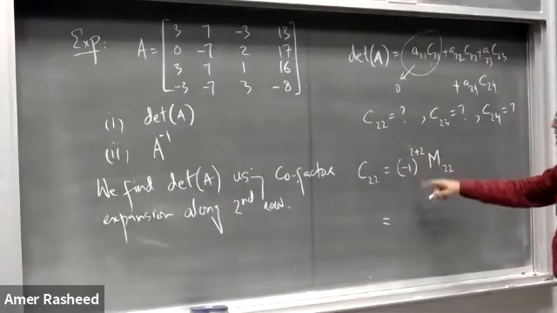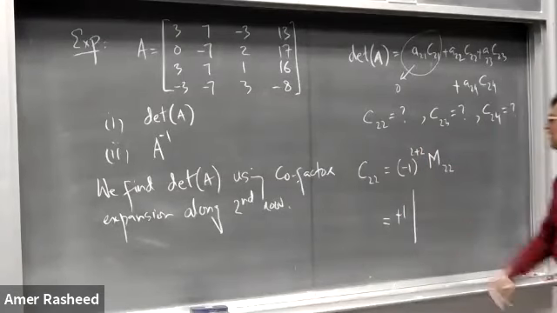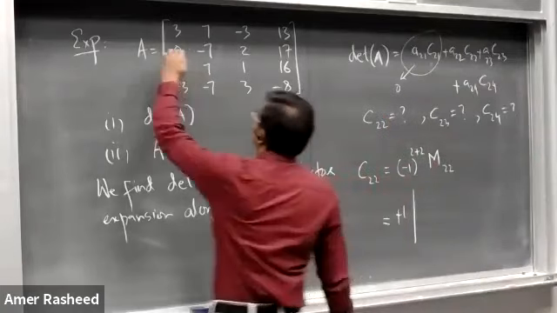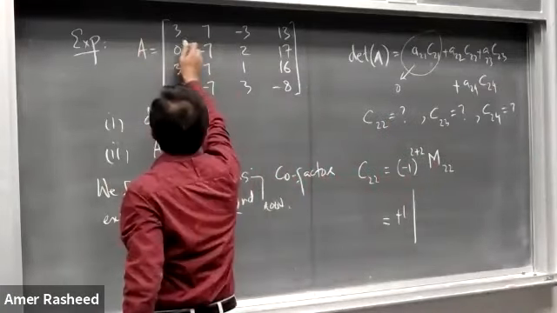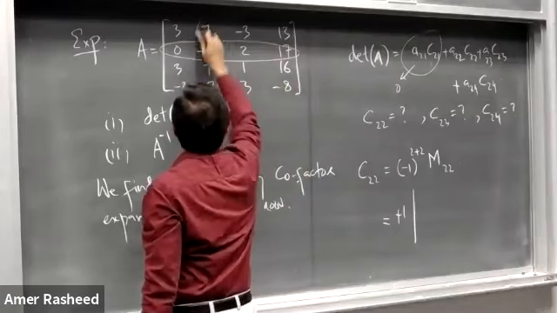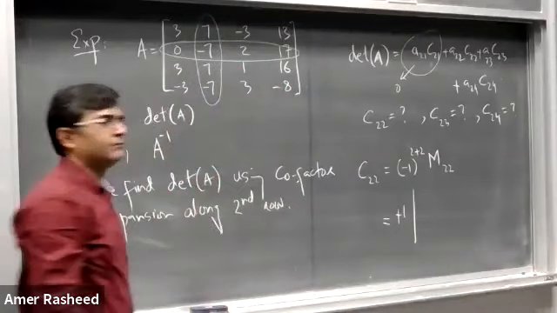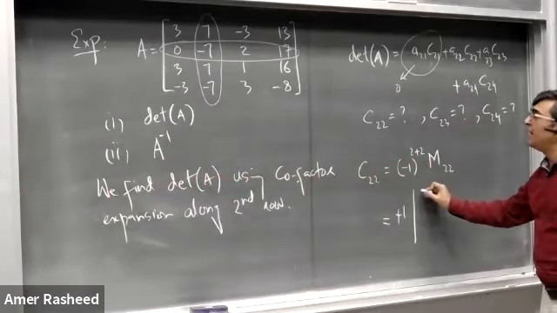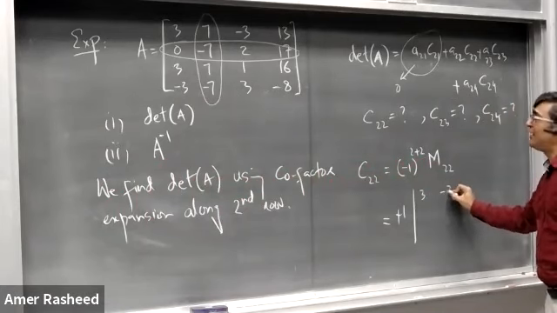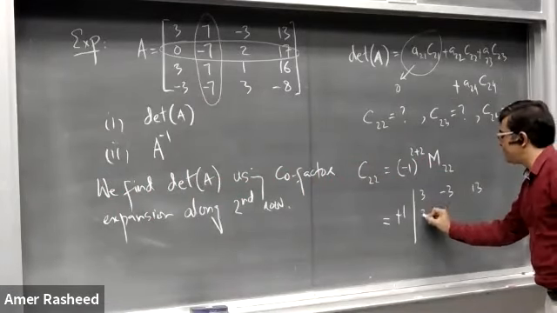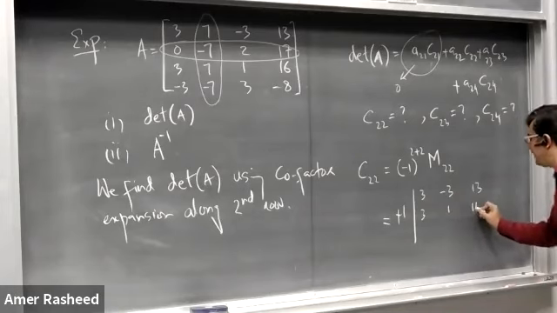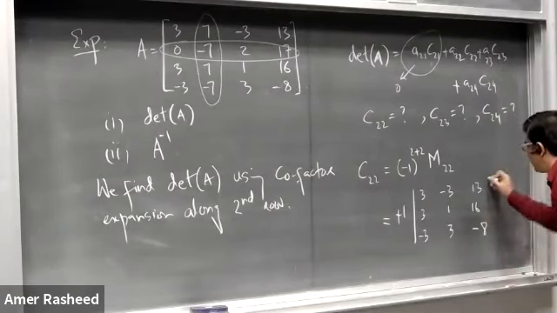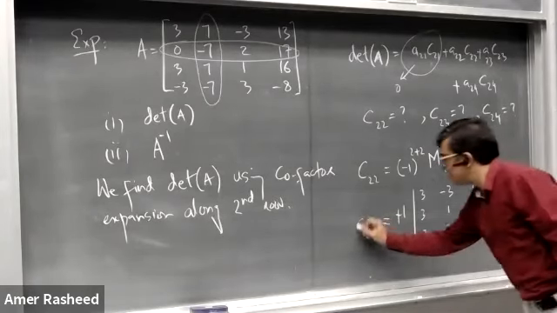This will be positive 1 times the determinant of the matrix by deleting second row and second column. So now you are going to delete the second row and second column and write the minor here. So it will give you 3, -3, 13, and 3, 1, 16, -3, 3, -8. So this is your C22.